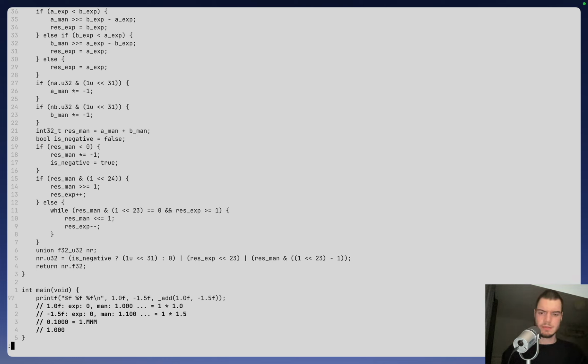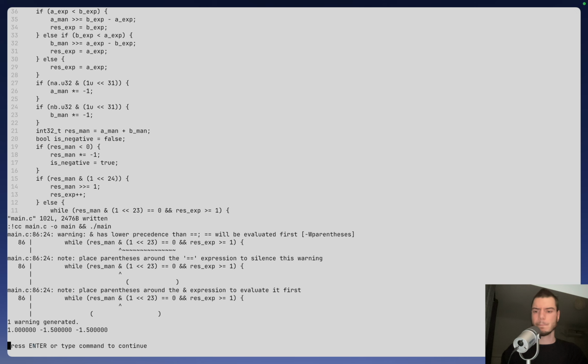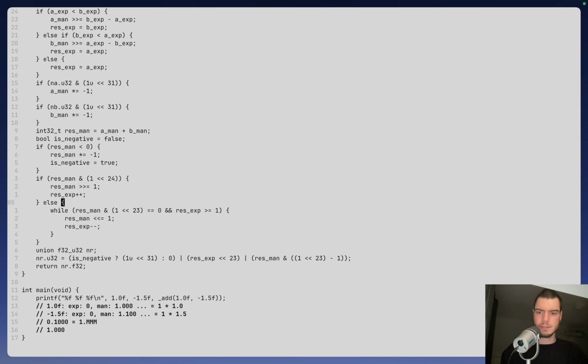Okay. Maybe let's just run this to see what we get. Lower precedence than, absolutely. Let's put parentheses around everything, and it with 1 shifted by 23. That's equal to 0.